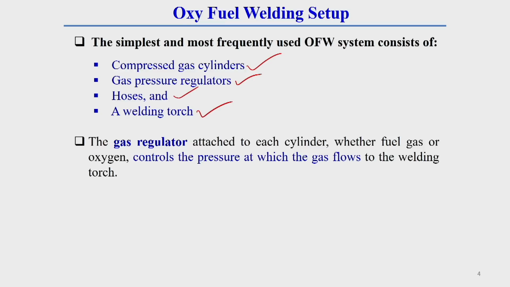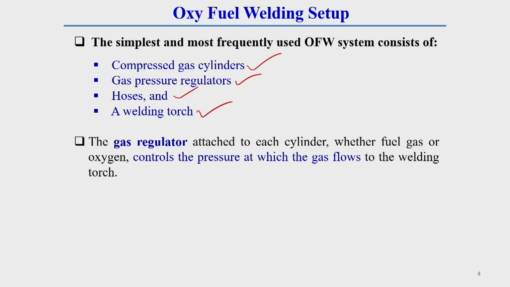One thing we should keep in mind: a gas regulator is attached to each cylinder, whether fuel gas or oxygen, and it controls the pressure at which gas flows to the welding torch. So the gas regulators have the main function of controlling both the flow rate and the gas pressure required for the welding operation.